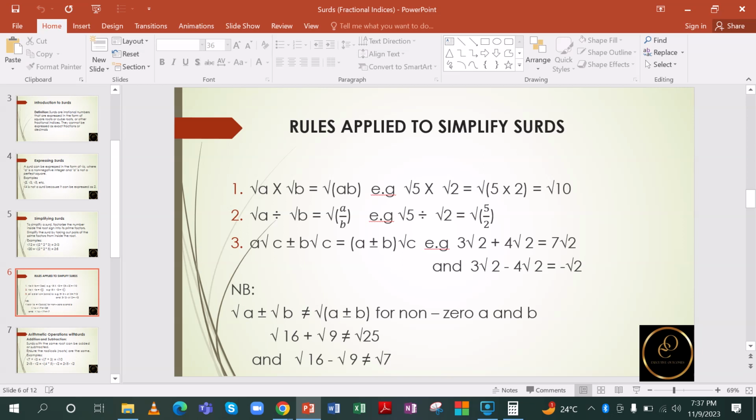We have looked at the rule relating to multiplication and the rule relating to division. Now what of the rule relating to addition and subtraction? That's the third one.